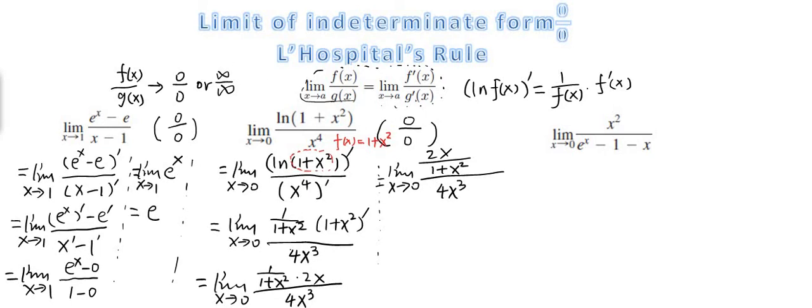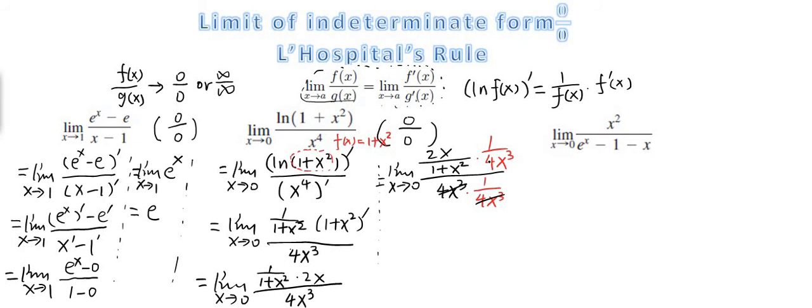Now we have a rational expression in the numerator and a denominator of 4x cubed. How do we simplify this? What we can do is multiply by 1 over 4x cubed to eliminate this denominator.